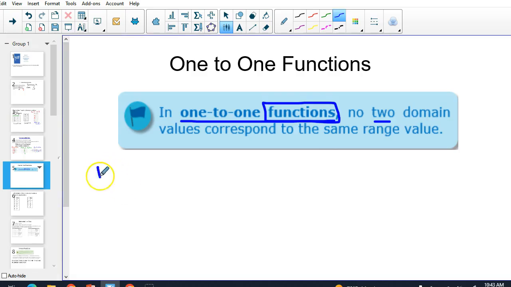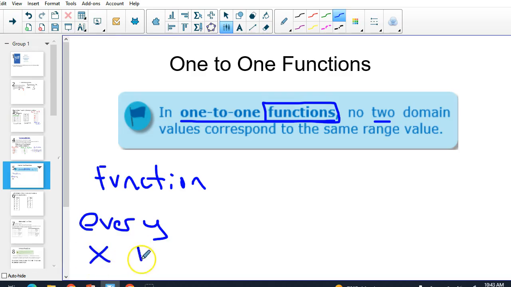So beforehand, on our function, every x has one y.